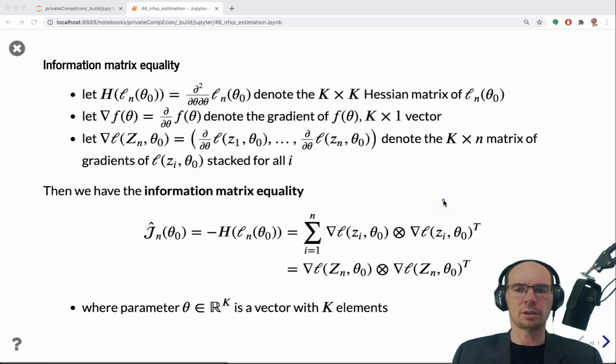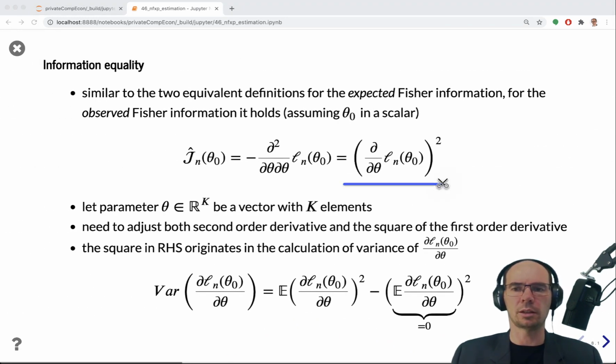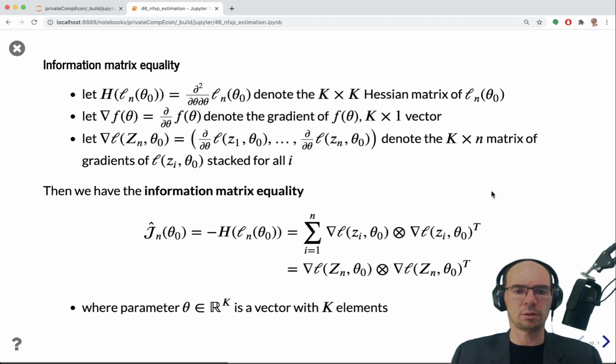Well, it turns out that the second component in this equivalence here requires us to do the outer product of these matrices, or what is equivalent, a sum of outer products of the derivatives of these log likelihoods calculated at each observation.